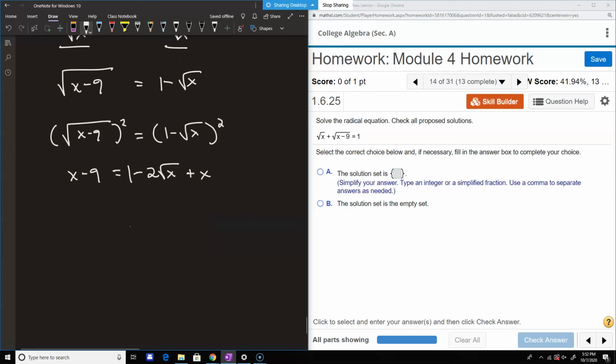So how do we do that? Well, let's add the 2 square root x to both sides. So 2 square root x plus x minus 9 equals 1 plus x, and then we'll subtract x and add 9.